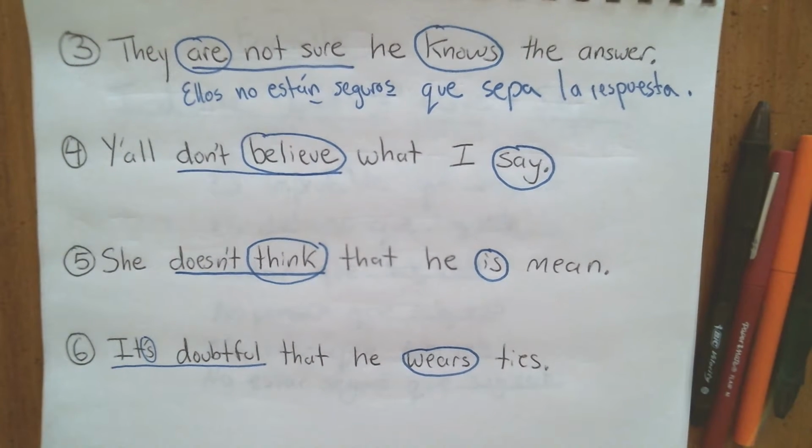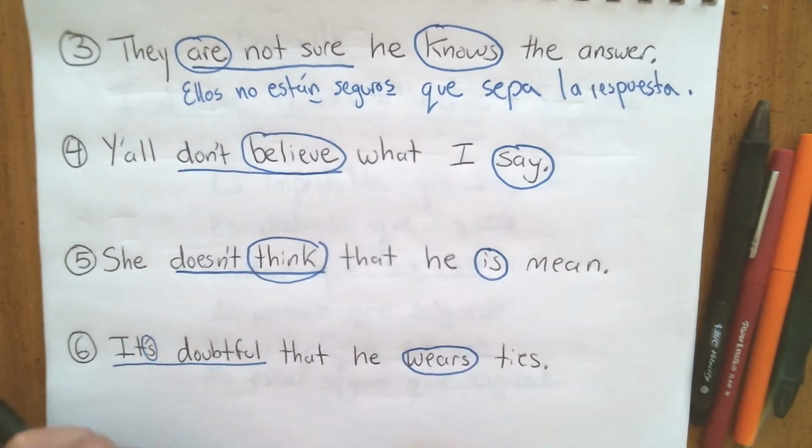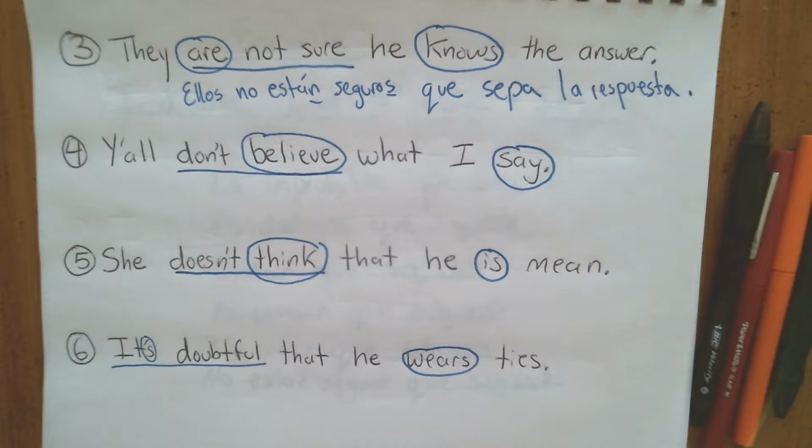Okay? They are not sure that he knows the answer. Y'all don't believe what I say? Here we're going to mix it up. We're going to use the ustedes form instead of vosotros, which is what I like using.